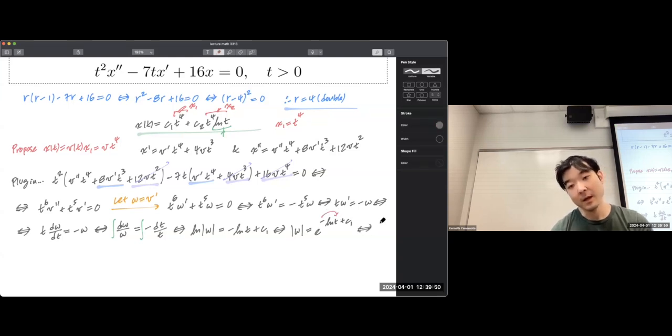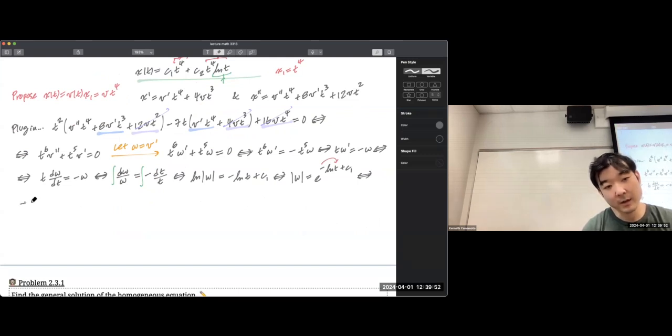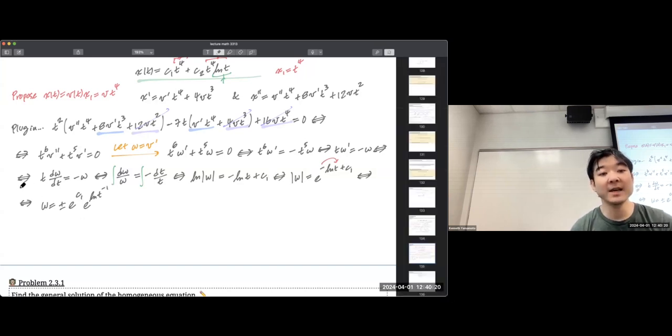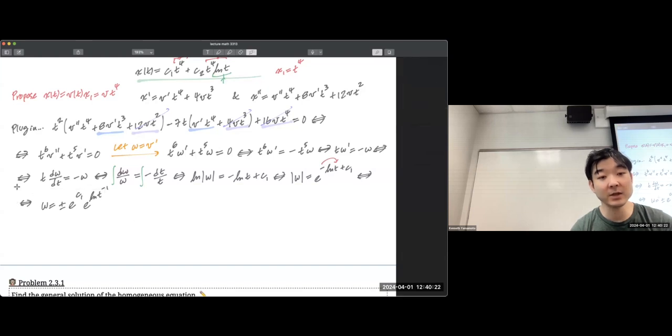That's a log property. And then I'll drop the absolute value, so it's going to be plus or minus. I'm going to split this out and just say e to the c1 times e to the ln of t to the minus 1. The minus 1 comes from the fact that I pulled the negative sign that's in front. I like to do that because then the e's and the ln's can cancel each other because they're inverses of each other.